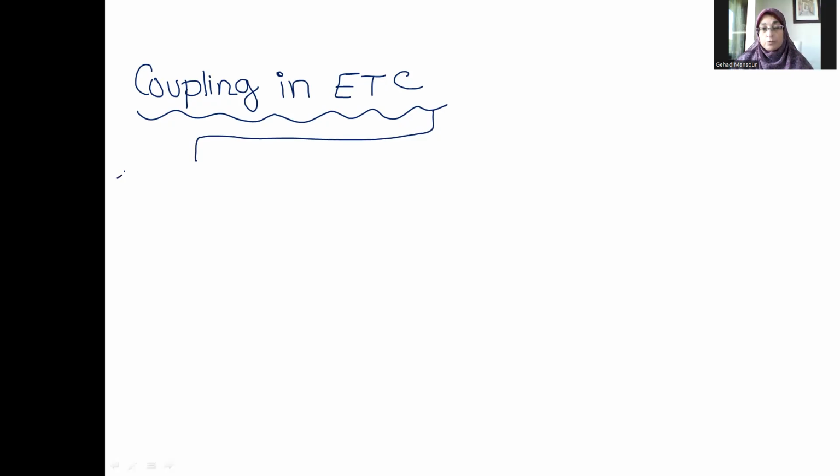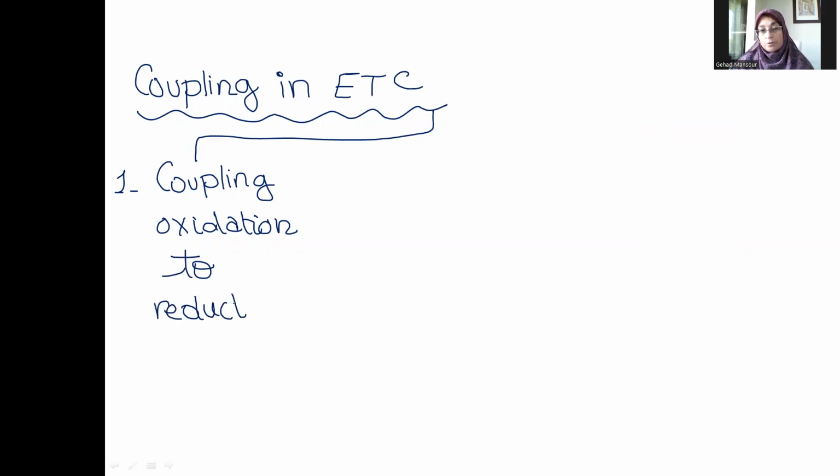Number one, we have seen coupling of oxidation to reduction, because every time a molecule is oxidized, another molecule will be reduced. The three coupling processes occur as the electron transport chain is proceeding, meaning that they occur hand in hand. They are parallel to each other.